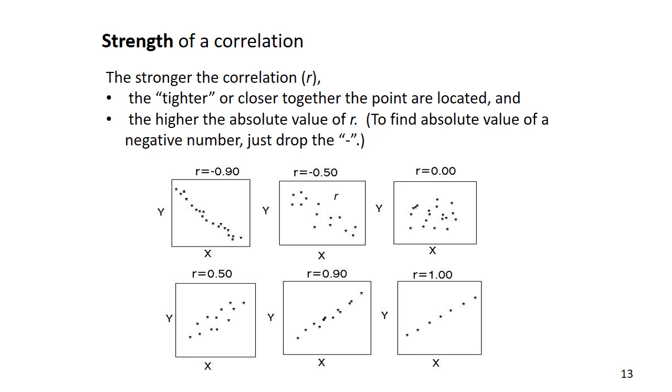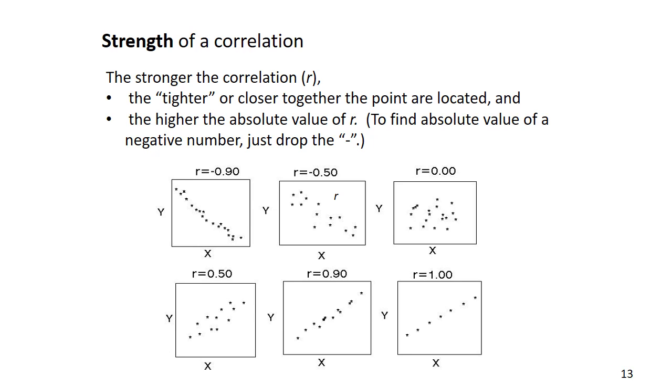So when you're looking at absolute value, negative 0.8 is better than 0.6, right? Because it has a stronger correlational value. Because remember, these are absolute values that you're thinking about, not whether it's positive or negative. That's not the point of the correlation.